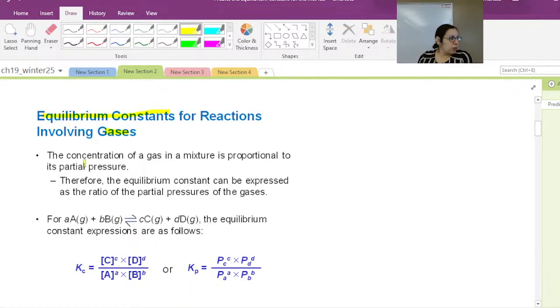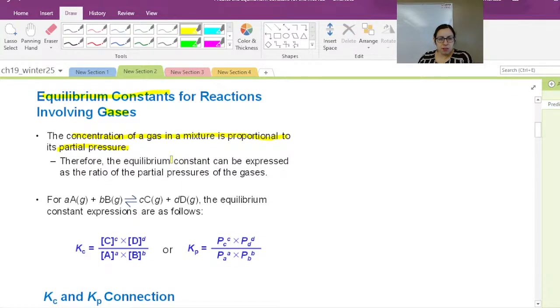We mentioned this before in our gas laws chapter: the concentration of a gas in a mixture is proportional to its partial pressure. And so therefore we can express our equilibrium constant as a ratio of these partial pressures. Same expression, all we're saying is all these reactants are in the gas phase.